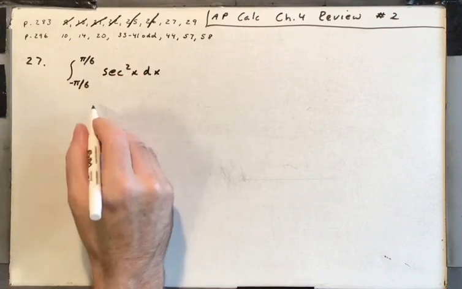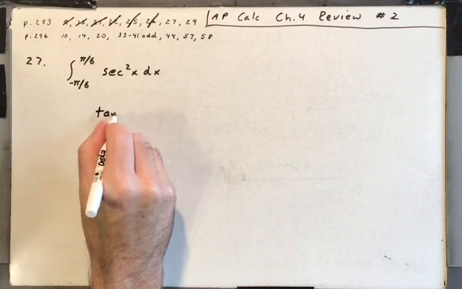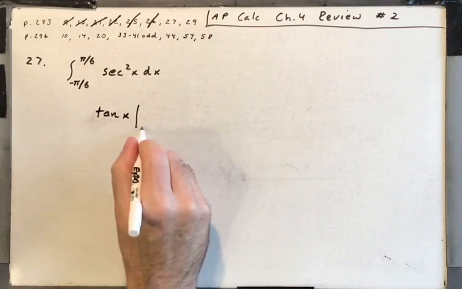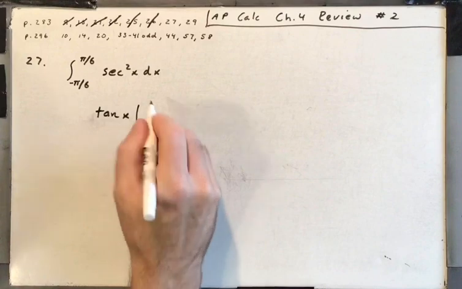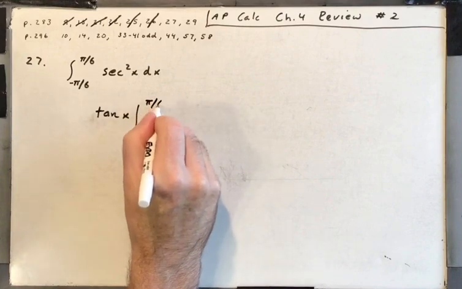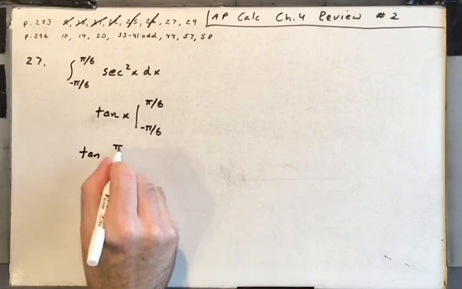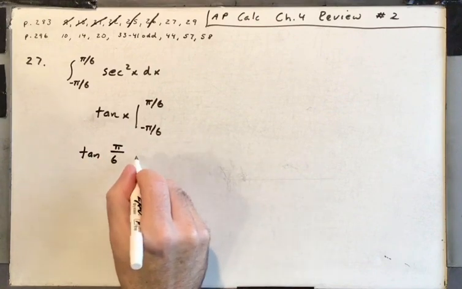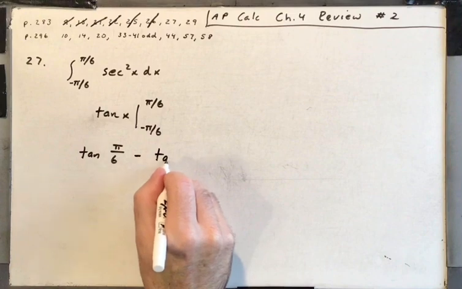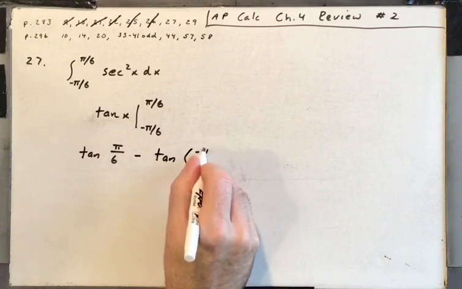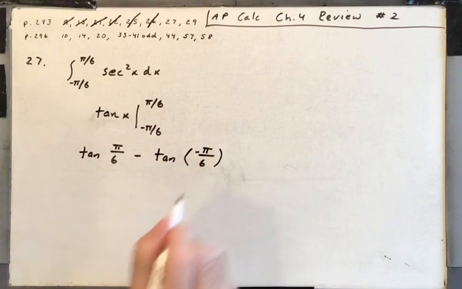Okay, what's the antiderivative of secant squared? It's tangent x, but we're plugging in negative pi over 6 to pi over 6. So that's going to be tangent of pi over 6 minus tangent of negative pi over 6.